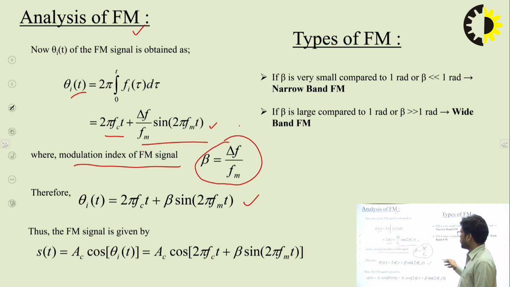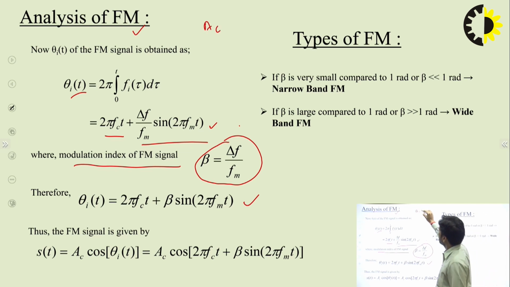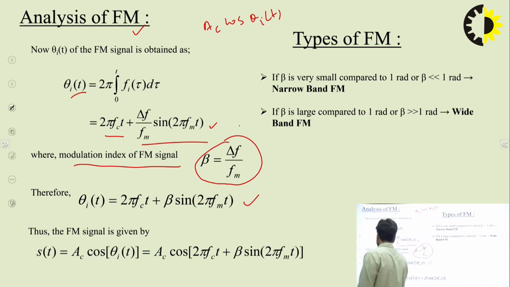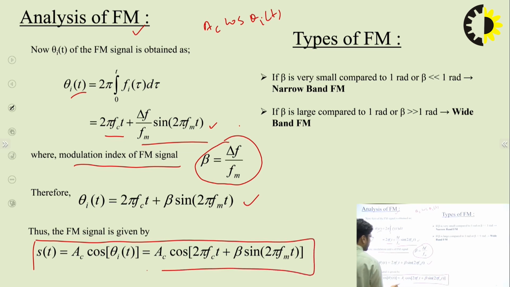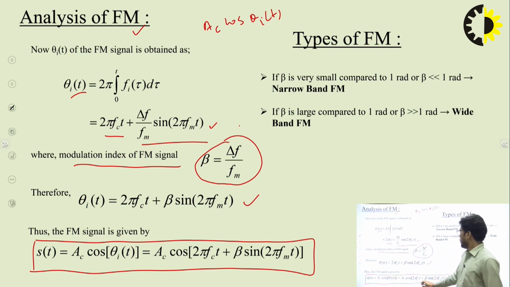If I put this theta i into the main equation, A_c cos theta i, then we have the frequency modulated signal, this one. So here you can observe 2 pi f_c t plus beta sine 2 pi f_m t, right?